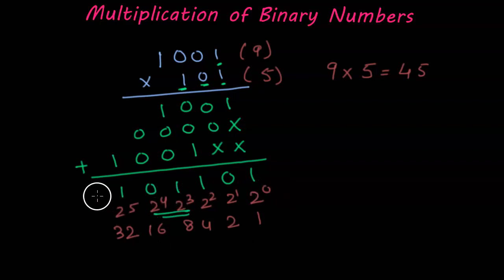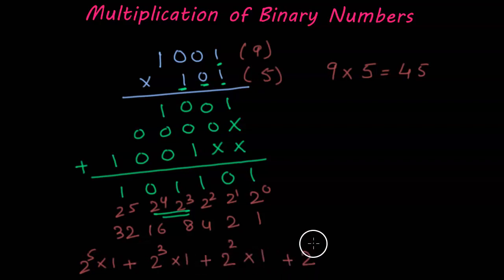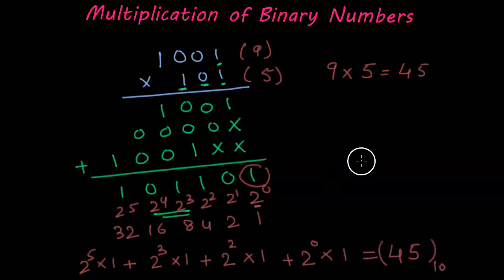So if we convert 101101, it becomes 2 to the power 5 into 1 plus 2 to the power 3 into 1 plus 2 to the power 2 into 1 plus 2 to the power 0 into 1, just considering the places where there is a 1 present. And this is going to yield you 45 as well. And there we have it. So the answer matches. Let's see another example.